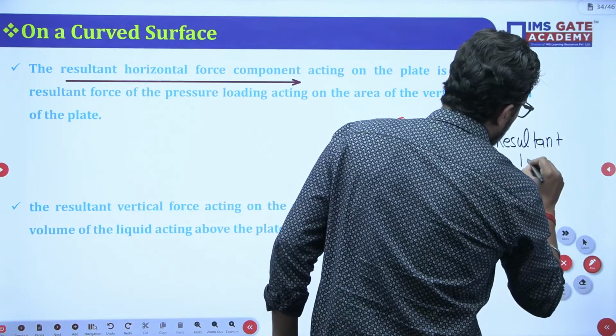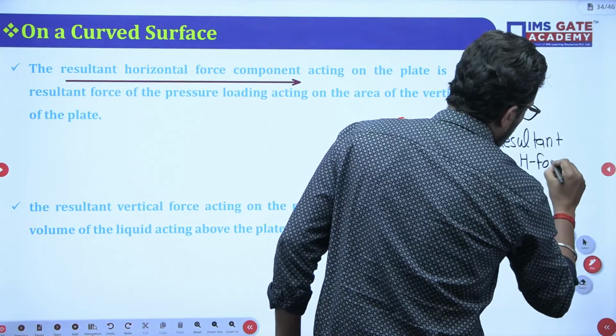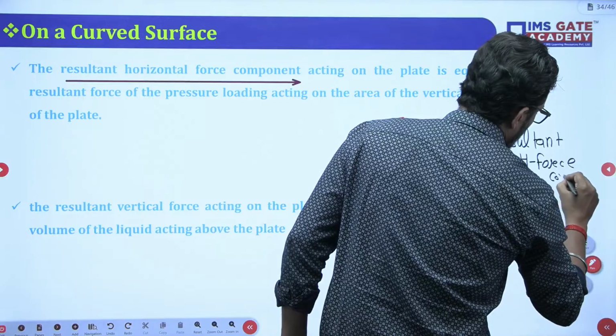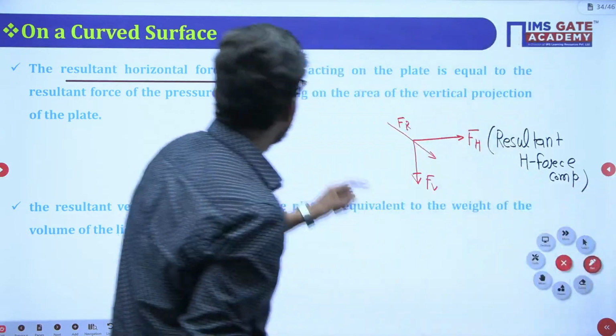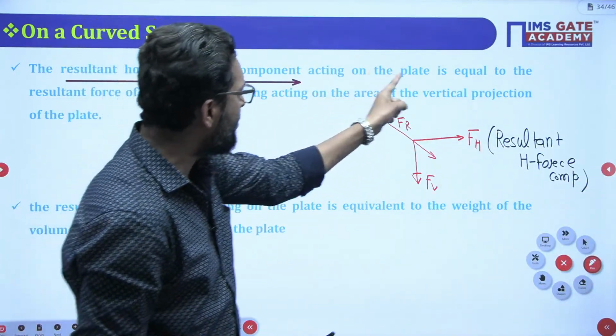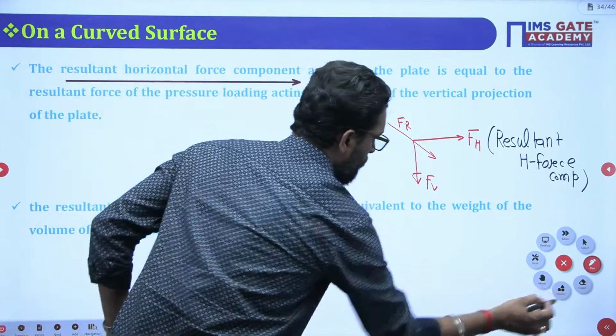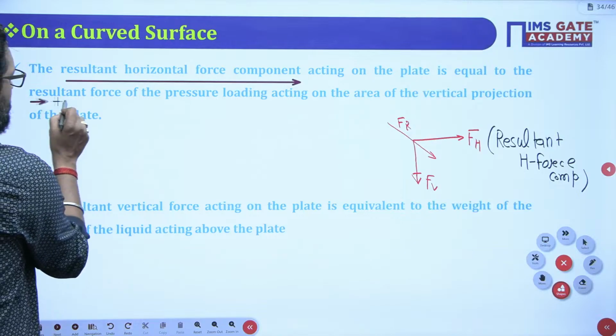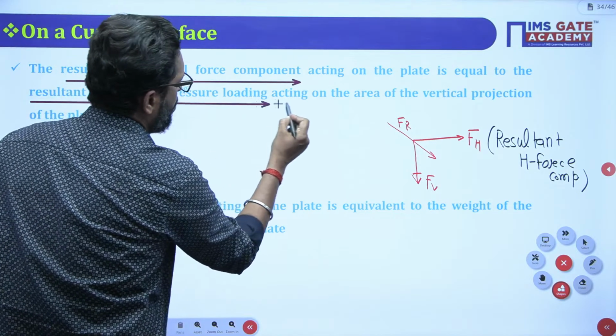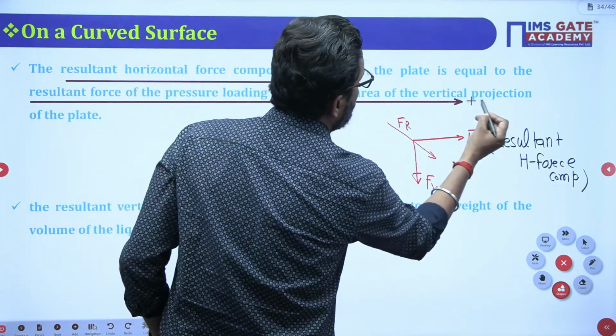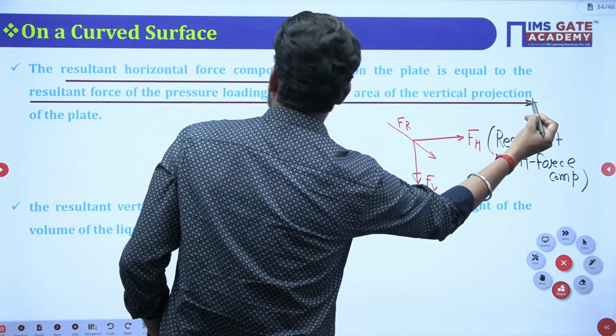This is the resultant horizontal force component acting on the plate. Very important, it is equal to the resultant force of the pressure loading acting on the vertical projection of the area.